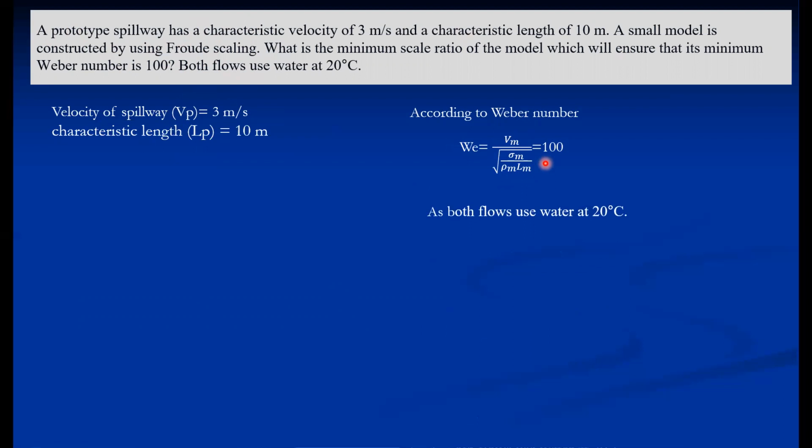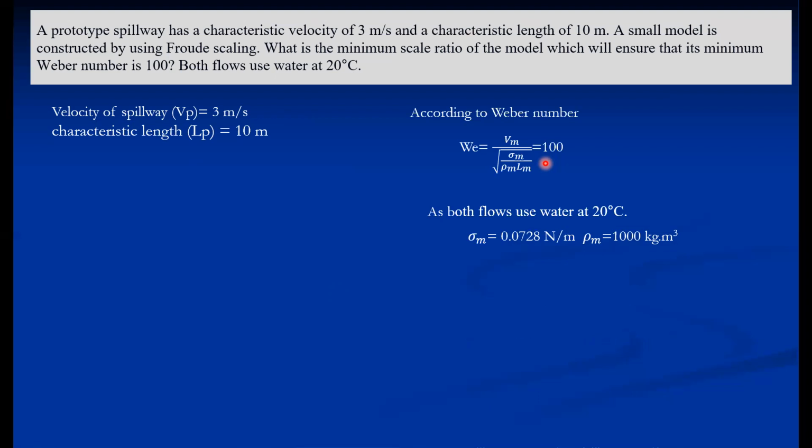Now, as both flows use water at 20 degrees Celsius, at 20 degrees Celsius the value of surface tension is 0.0728 Newton per meter. These are the standard values. Even if it is not given in the data, you must know the values for standard fluids.